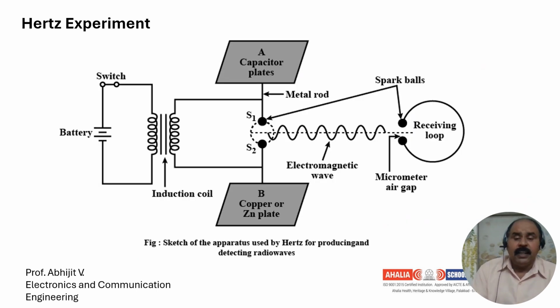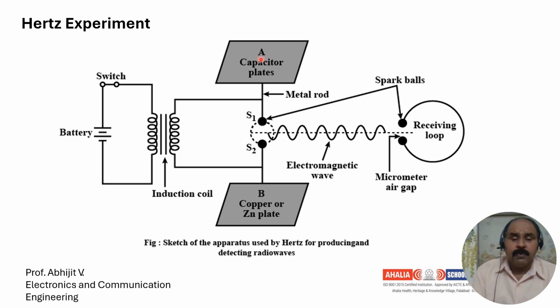So let us look in detail at the Hertz apparatus and his experiment. We have two parallel plate capacitors, A and B. We have two points connected with a metal rod, S1 and S2.